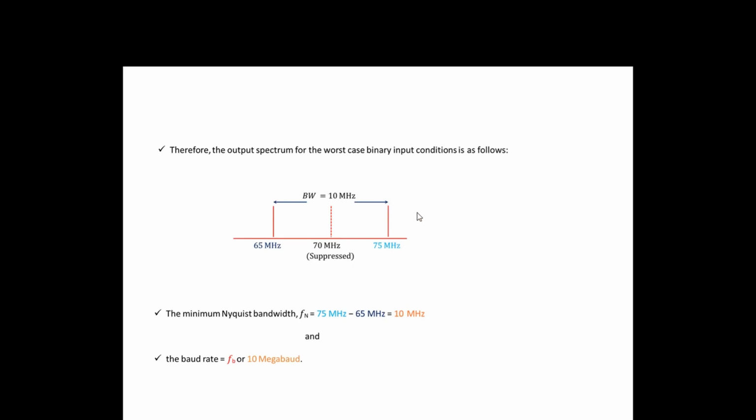The bandwidth of this spectrum, from LSF to USF, is 10 megahertz. How can you find the minimum Nyquist bandwidth? Fn is the bandwidth used by this signal, that is HSF minus LSF, so we are getting 10 megahertz. Then the baud rate FB is 10 megabaud.